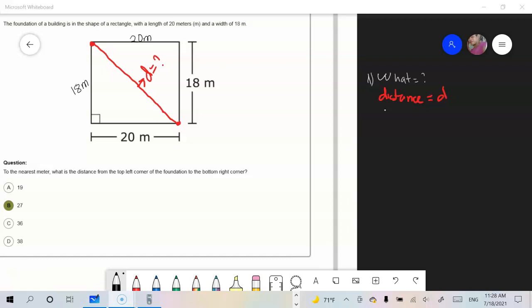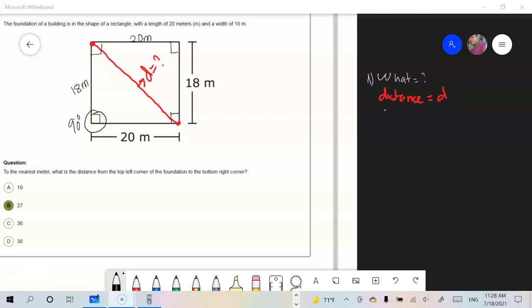In a rectangle, all of the inner angles are 90 degrees, so you have 90 degrees, 90 degrees, 90 degrees, and 90 degrees here, okay? This side and this side and this side together form a triangle, and one of the angles is 90 degrees, as it is this one here.